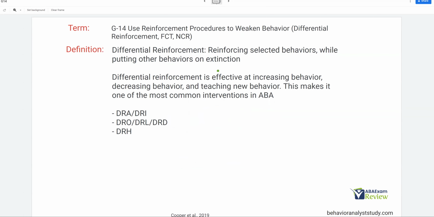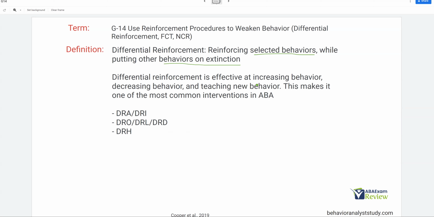All right, so differential reinforcement. It's one of the most common intervention strategies we use day to day in ABA. And it's very straightforward. We're going to reinforce selected behaviors while putting other behaviors on extinction. We use differential reinforcement to teach communication. We can shape with differential reinforcement.